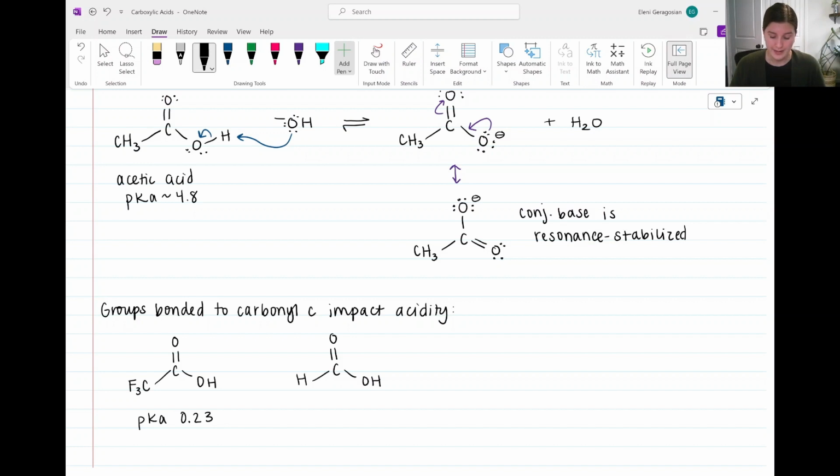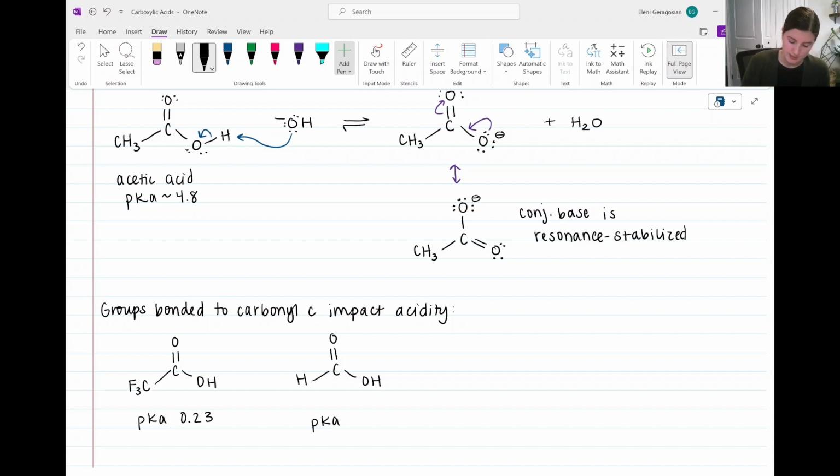And then formic acid with a hydrogen bonded to the carbonyl carbon. We're comparing to acetic acid. We have a methyl group versus a hydrogen. A methyl group is more electron donating. So having a hydrogen instead of a methyl group means that there's lower electron density throughout the molecule, and that increases the acidity of that molecule, which means that we're decreasing the pKa.